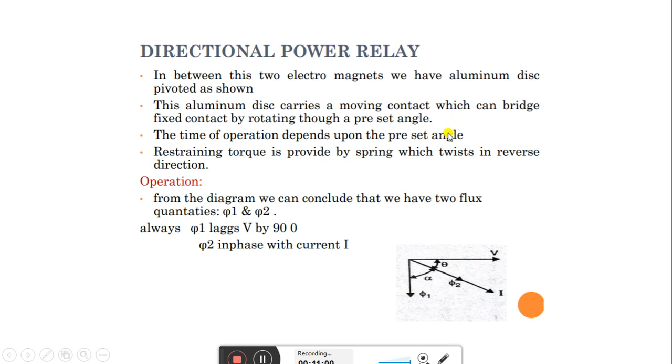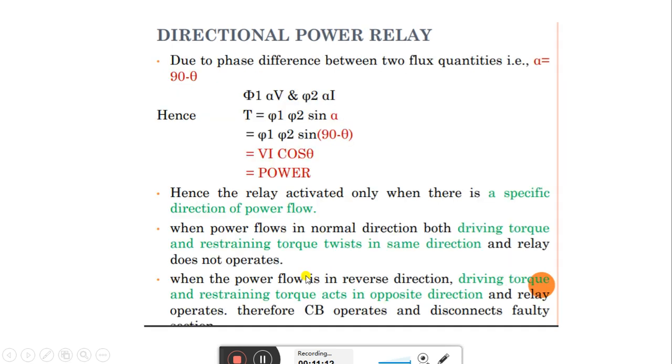So what is alpha? Alpha equals 90 minus theta. This will become the alpha angle.